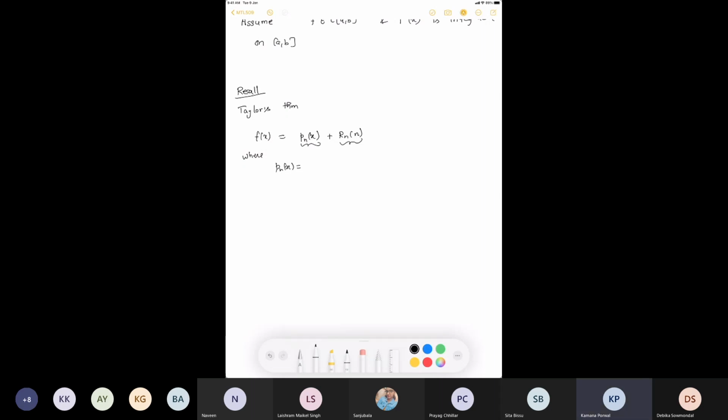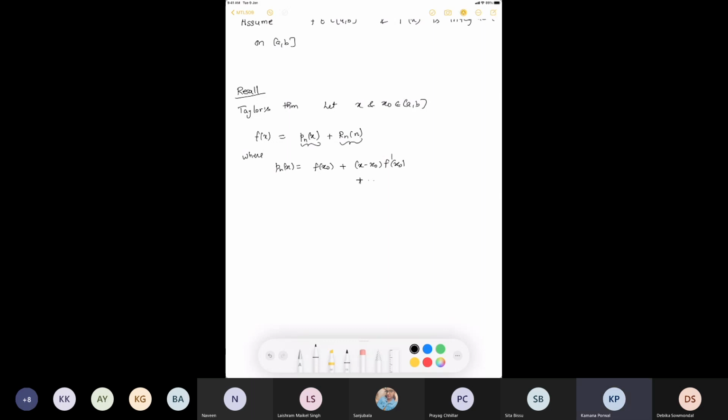So what will this be? You have to expand it in the neighborhood of, say, x naught. f of x naught plus (x minus x naught) by 1 factorial f dash x naught plus (x minus x naught) squared by 2 factorial, and so on.